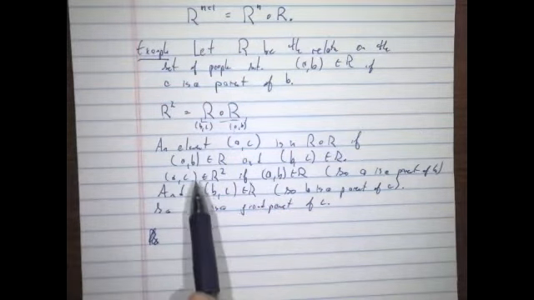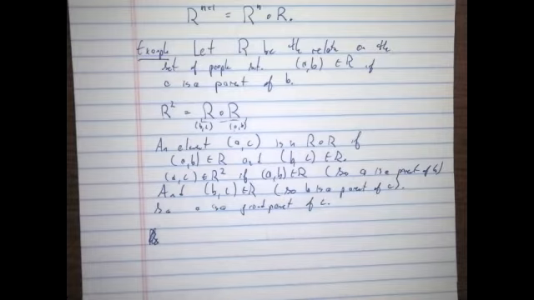We need A to be a parent of B, and we need B to be a parent of C. Then we compose them, and A and C are related in R squared. Is this okay? Great. Anyone have a moment of confusion?